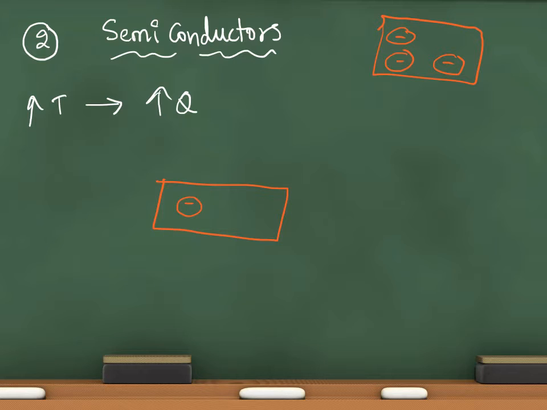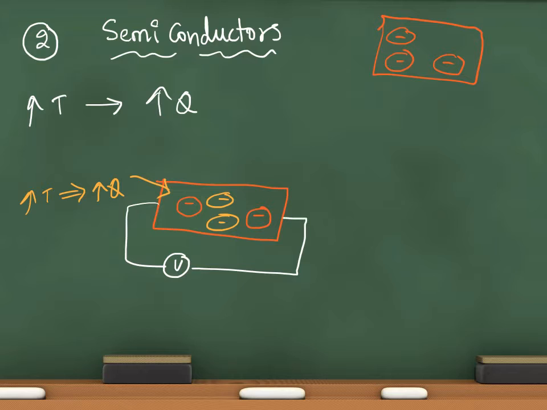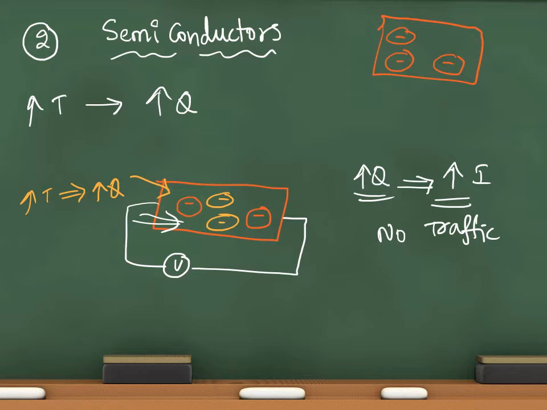Due to the increase in temperature, there will be an increase in charge carriers. As I apply some voltage, there will be an increase in Q, and due to this an increase in I. There is no traffic jam. That's why I increases, and V is constant.